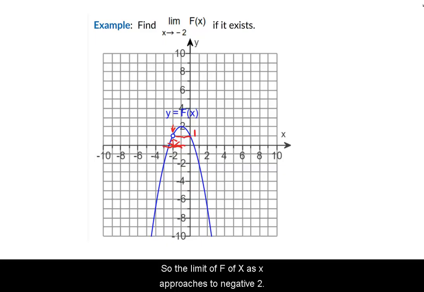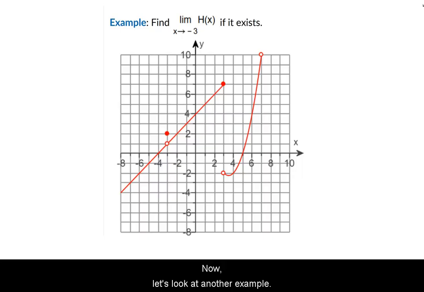So the limit of f of x as x approaches negative 2 for this function does exist, and it is equal to 1. So this tells us the function doesn't have to be defined at that value to have the limit. Okay, now let's look at another example.